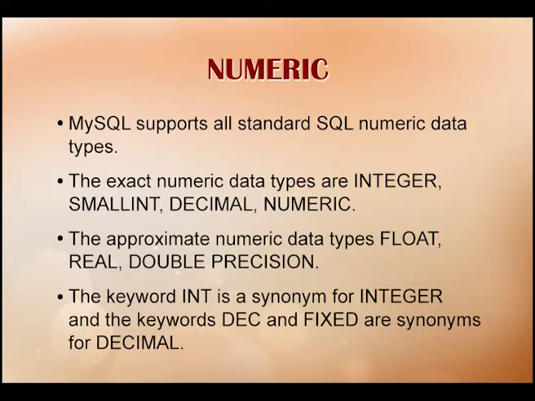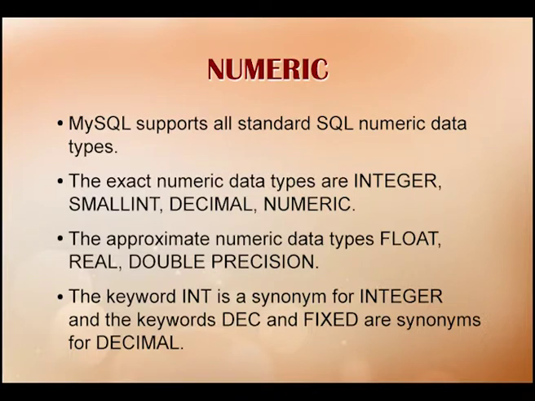Like small int, you can also give a size. Decimal is for decimal floating type of data, and then the approximate numeric data types, float, real, double precision, are for decimal kind of data. So, float is supported in MySQL, real is also supported, and there is another data type called double precision.